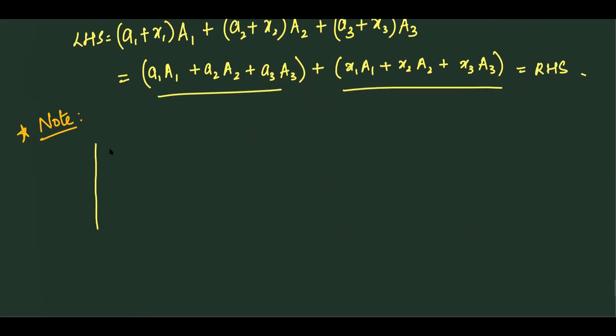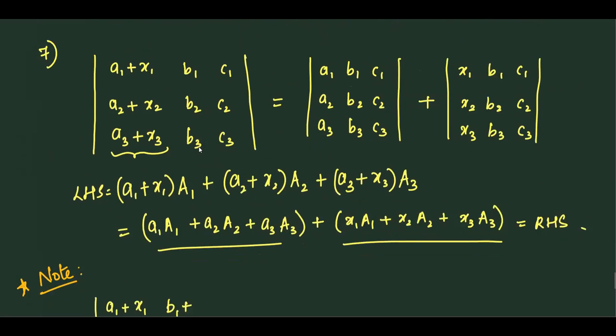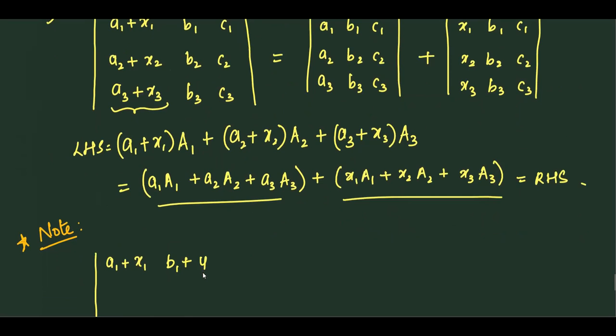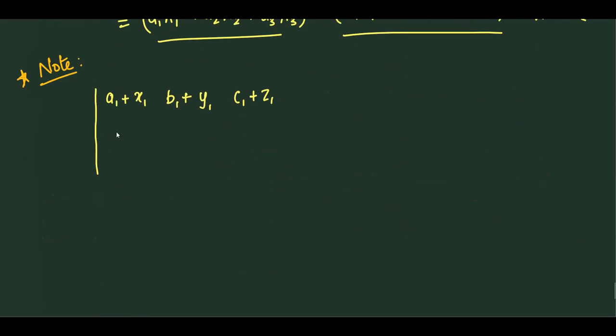You just see this: a1 plus x1, b1 plus y1, then c1 plus z1. Now a2 plus x2, b2 plus y2, c2 plus z2, and you have a3, b3, c3.